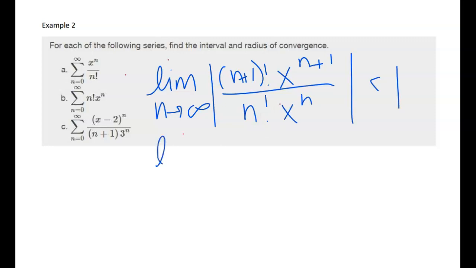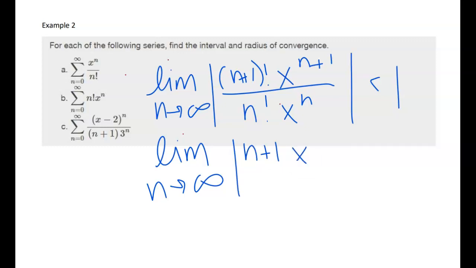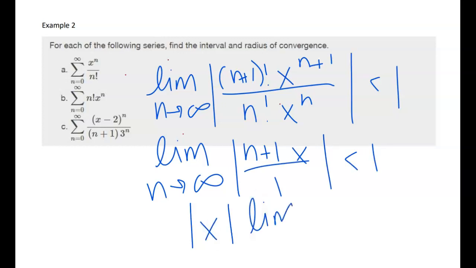All right, when I go in and do my canceling here, I'm going to be left with n plus 1 in the top and an x in the top, and then all over 1. And so this is going to end up going to infinity, which is never less than 1.